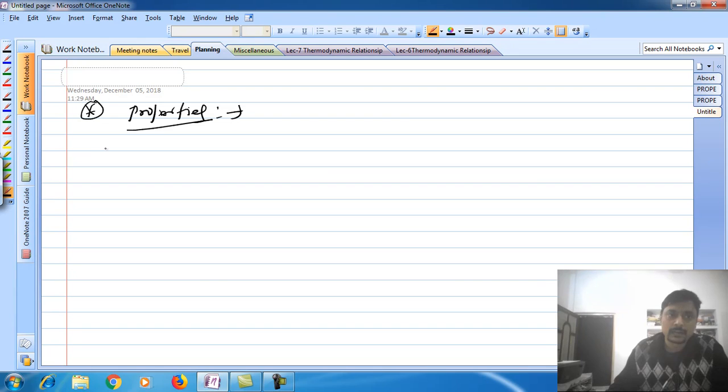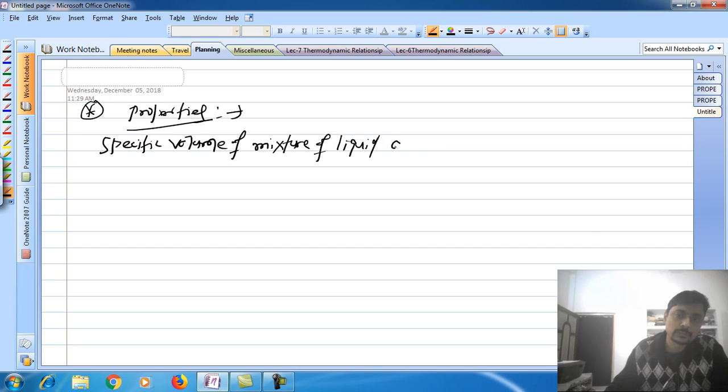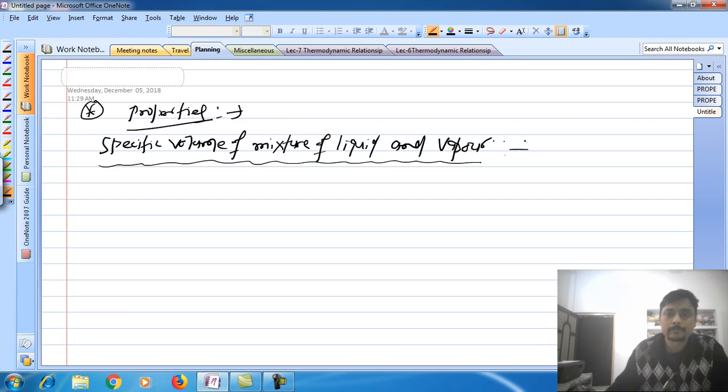We will start with the specific volume of a mixture of liquid and vapor. So basically, the liquid and vapor will exist in the wet zone.